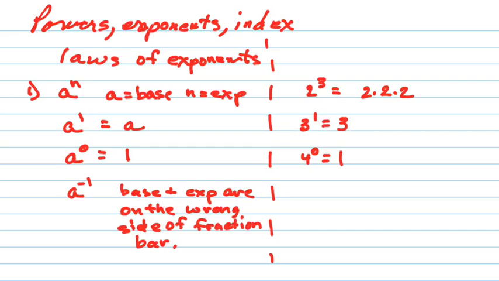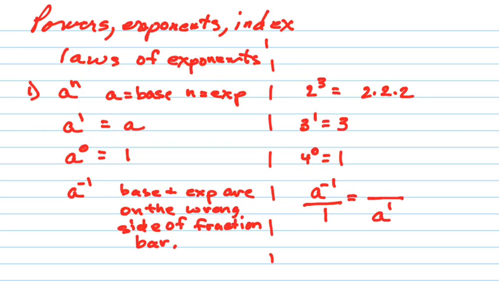So in other words, if I have a to the negative 1, it doesn't look like a fraction right now, does it? But it is, right? It's the same as saying it's over 1. So that tells me that a to the negative 1 shouldn't be in the top, it should be in the bottom. And when you move it across the fraction bar, notice that it changed the exponent from a negative to a positive.